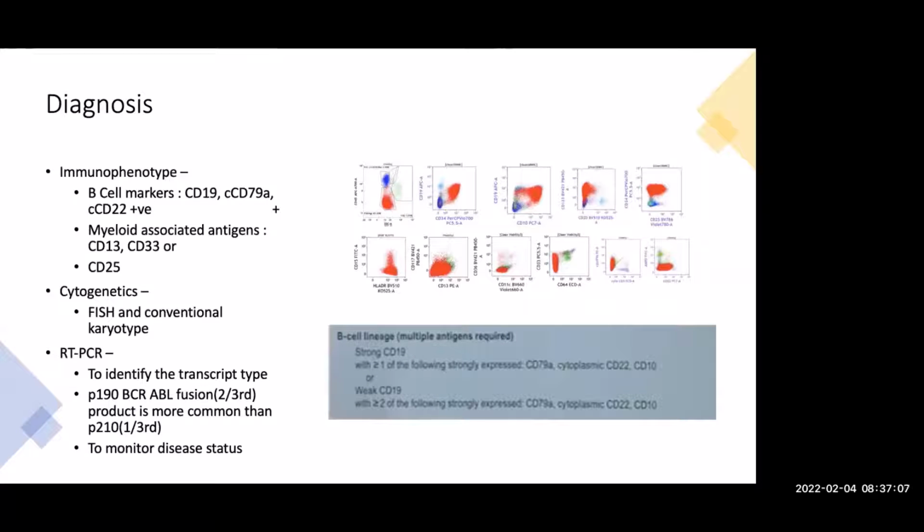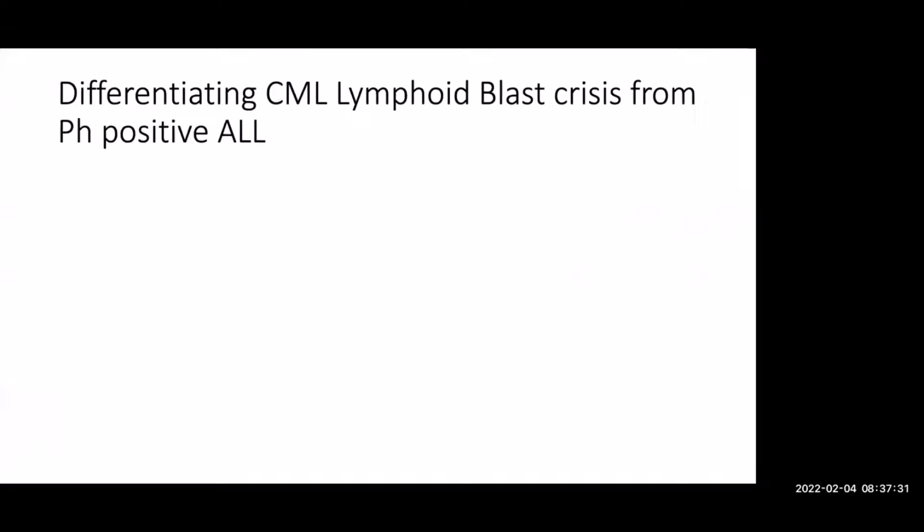The transcript type can be P190 as well as P210. P210, as we know, is the transcript type which is seen in CML. P190 is the transcript type which is commonly associated with pH positive ALL. But in adults, there are still almost one-third of the patients with pH positive ALL who can be P210.